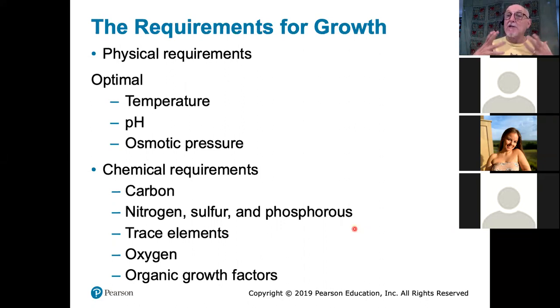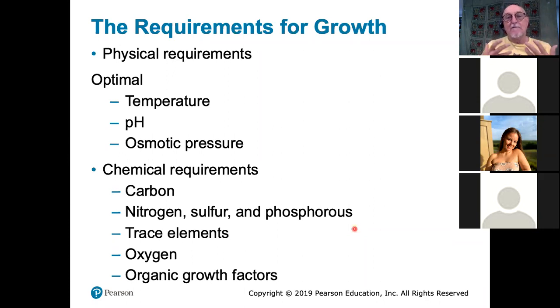There's also an optimal osmotic pressure. The osmotic pressure from the environment relative to the cytoplasm has to be exactly right for what the organism is adapted to. In most cases, the exterior osmotic pressure needs to be a little less, at least, than the osmotic pressure inside the cytoplasm so that the cell continually expands. But there are some special cases where osmotic pressure outside can be very high. They can be specially adapted to it.